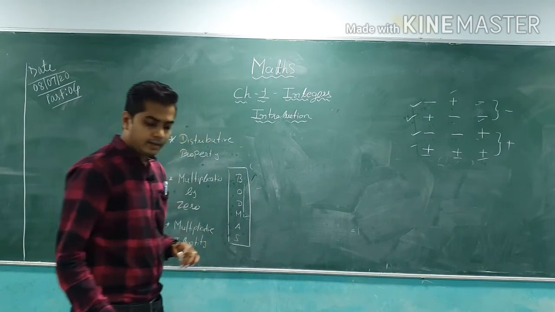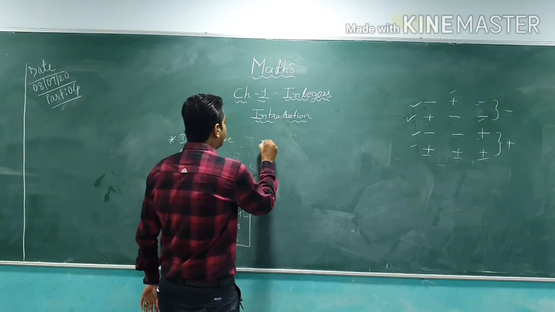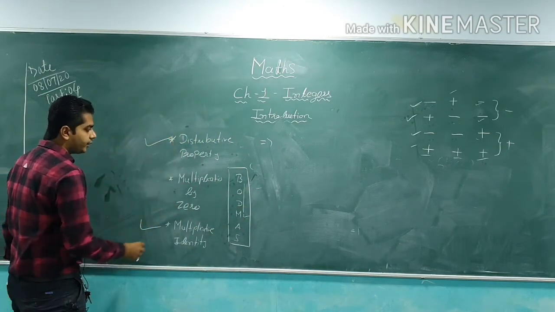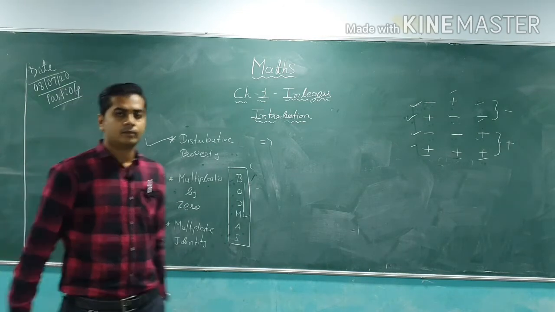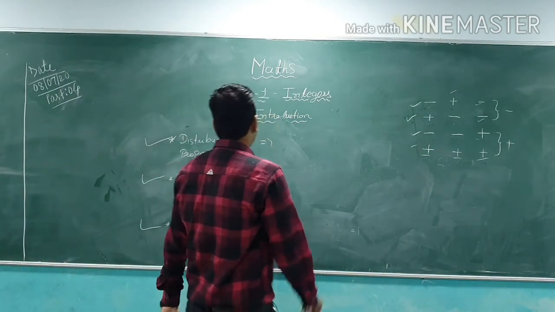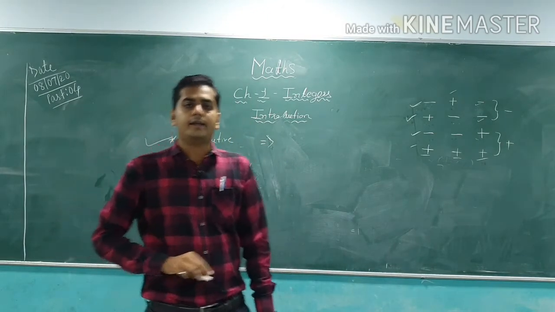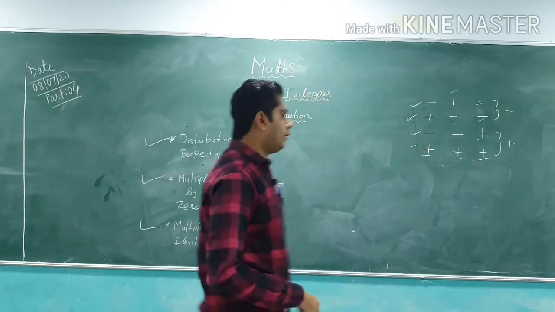Okay. So now the last and final property of multiplication is multiplicative identity. We learned the distributive property, we learned multiplication by 0, and the last property is multiplicative identity. So what is multiplicative identity? If you multiply any integer with 1, what answer will you get?